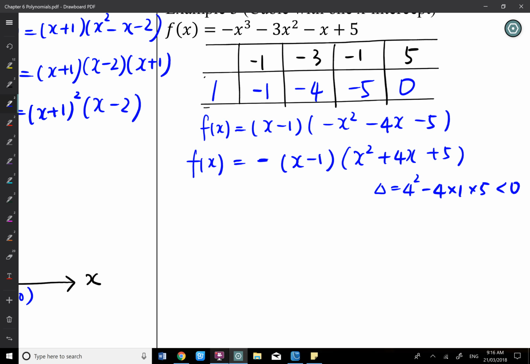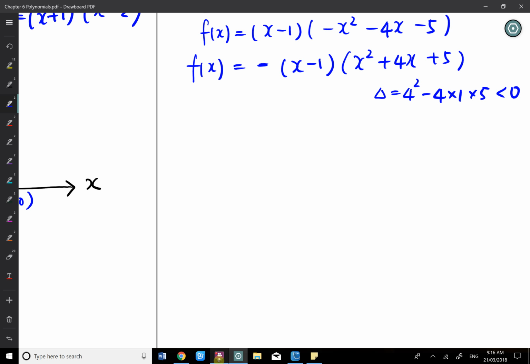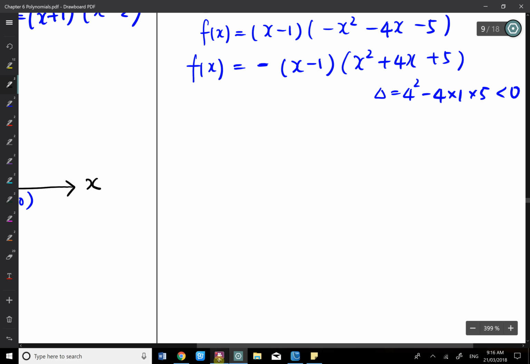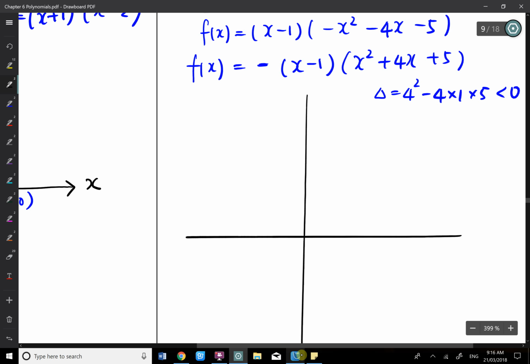Only one, right? Only one. So let's label this graph. Let's put this information on the graph. So what's the x-intercept? 1. So the y-intercept is 5 and the x-intercept is 1.